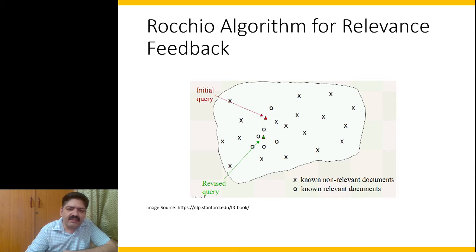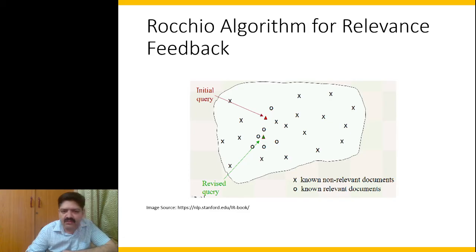So let's assume I have a vector space. I have given a two-dimensional projection of my vector space here. Assume you have lots of relevant and non-relevant documents. Here X marks non-relevant documents and O's mark relevant documents.